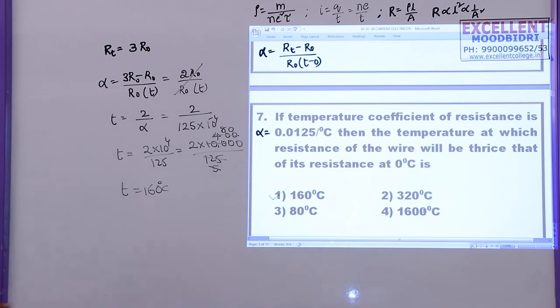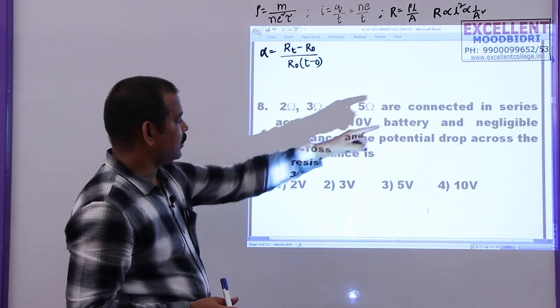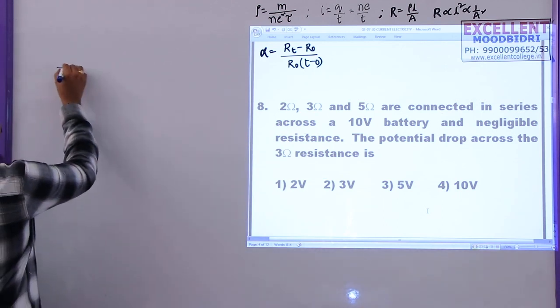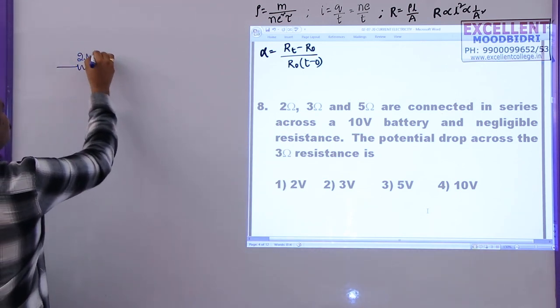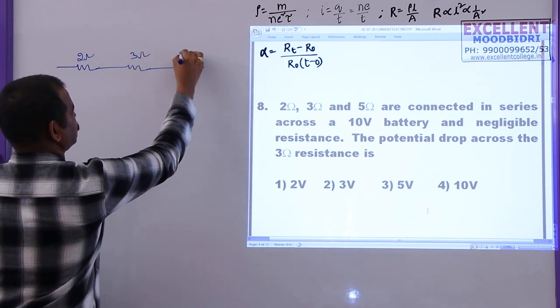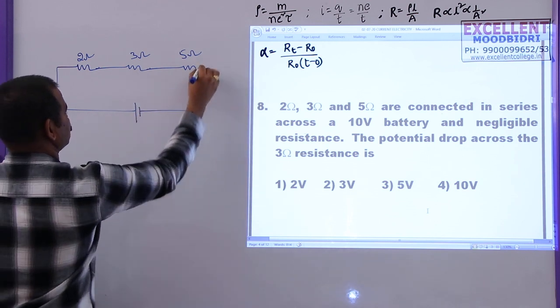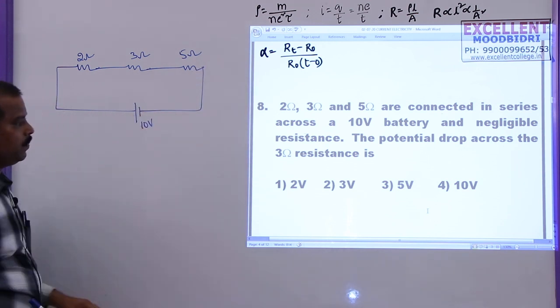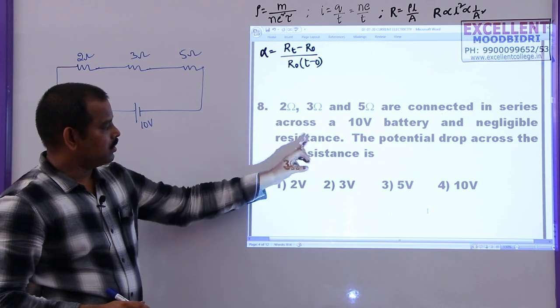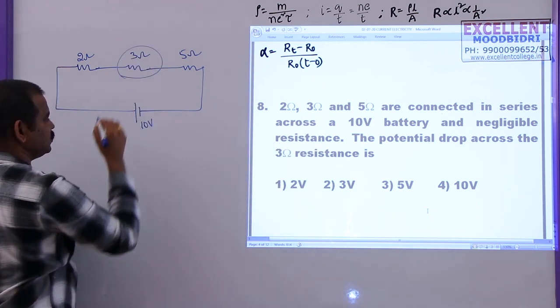Option 1 is correct. 2 ohms, 3 ohms, 5 ohms are connected in series across a 10 volts battery. So this is 2 ohms, this is 3 ohms, and this is 5 ohms connected across a battery of 10 volts. Now, with negligible internal resistance, I need to find out the potential drop across the 3 ohms.